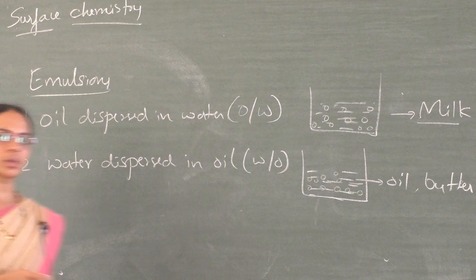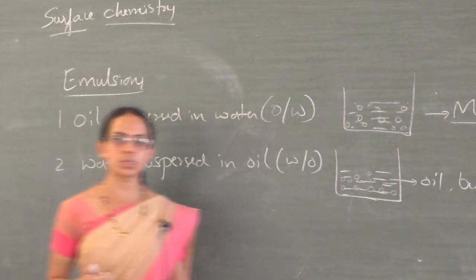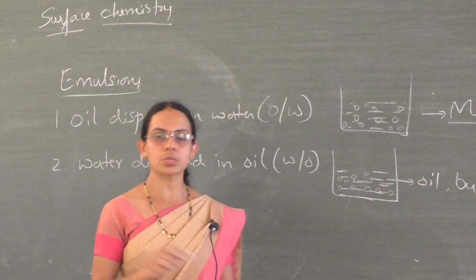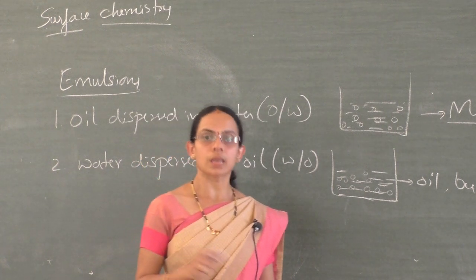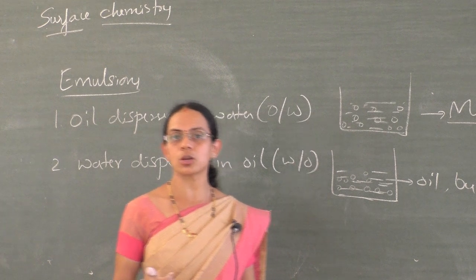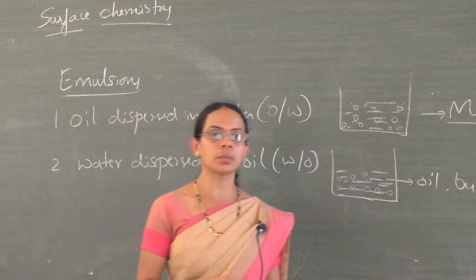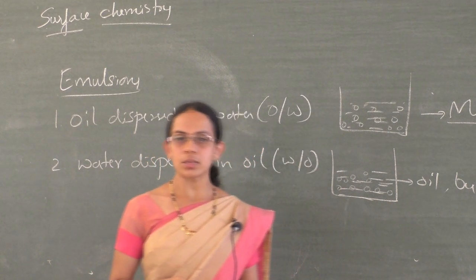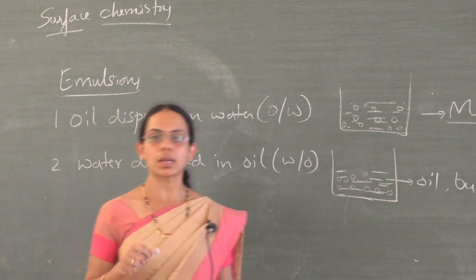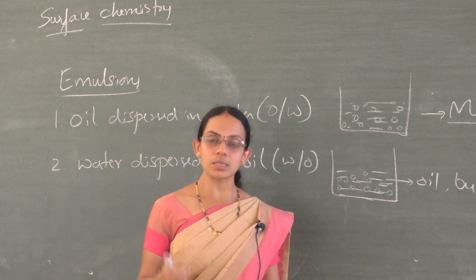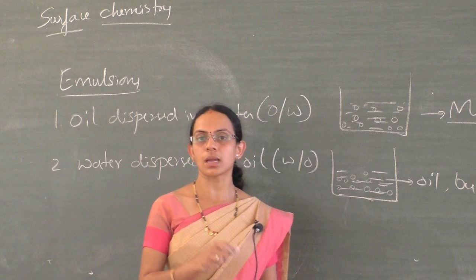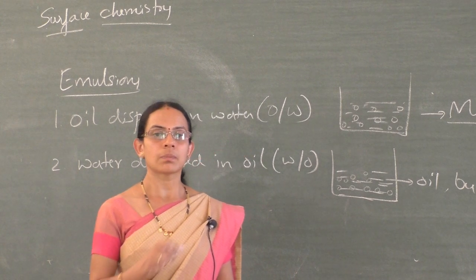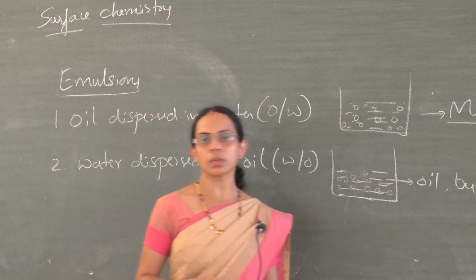So in the whole chapter we studied adsorption, absorption, the difference between adsorption and absorption, the mechanism of adsorption, types of adsorption, physical adsorption and chemical adsorption, and catalysis, homogeneous catalysis and heterogeneous catalysis, enzyme catalysis, the mechanism of heterogeneous catalysis and enzyme catalysis, and characteristics of enzyme catalysis.